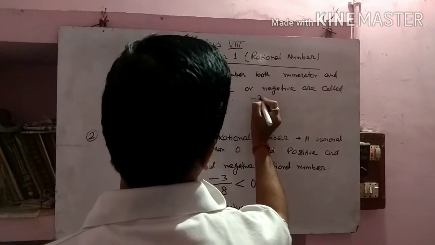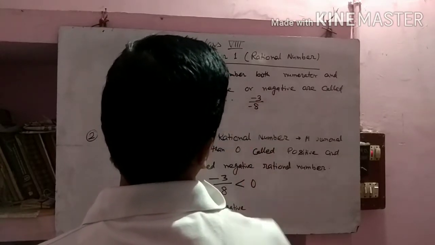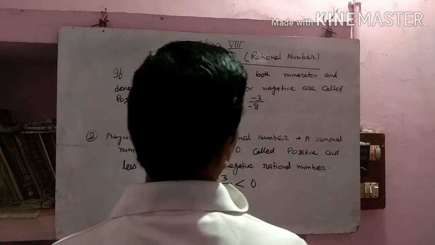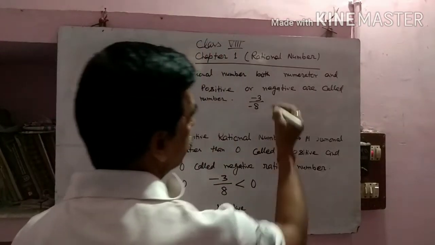As a number like minus 3 by minus 8, both of them are negative, so it's a positive rational number.